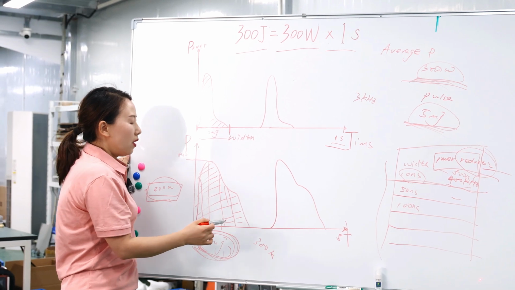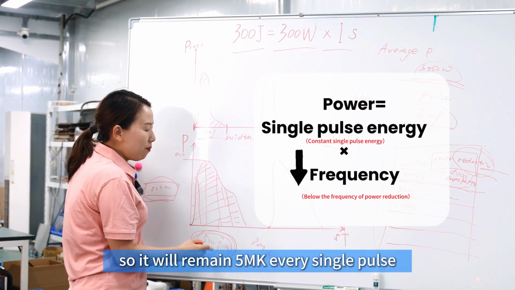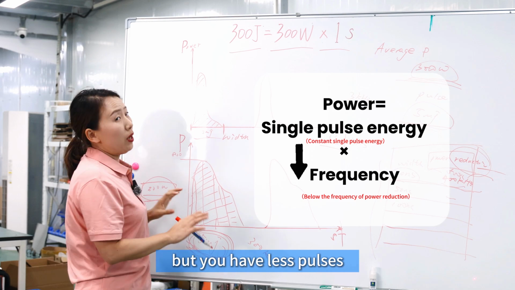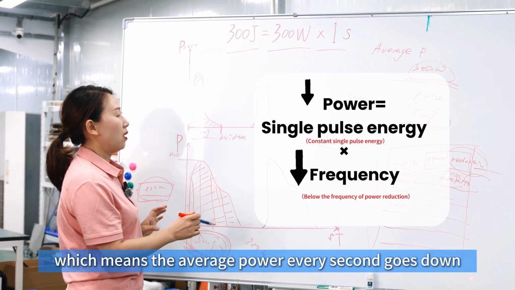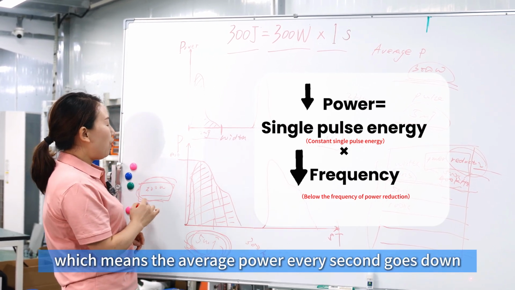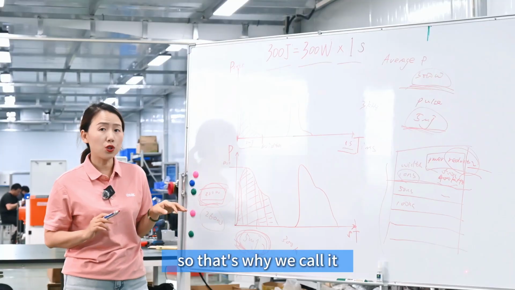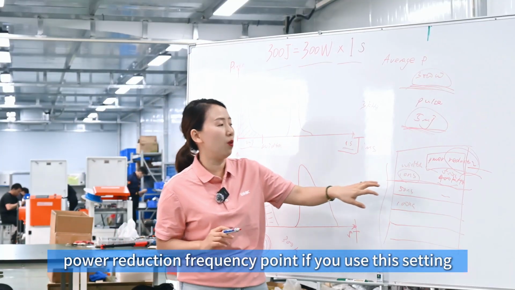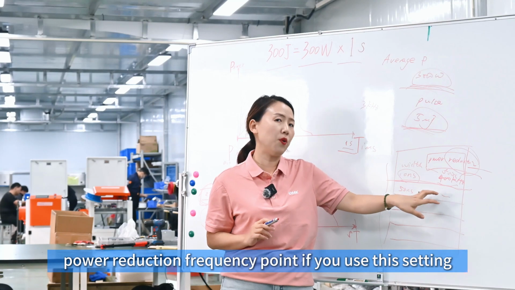So it will remain 5 millijoule every single pulse, but you have fewer pulses, which means the average power every second goes down. So that's why we call it the power reduction frequency point.